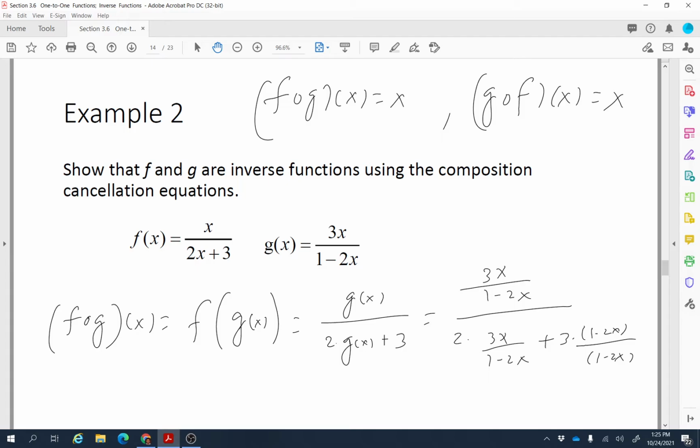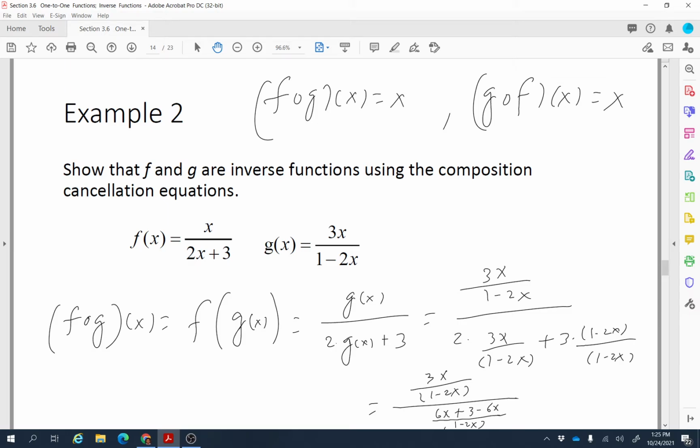I can do that. Now after this, as you can see, there is 3x over 1 minus 2x on the top, and because they have the same denominator 1 minus 2x, I'm going to write 1 minus 2x on the bottom. Now 3 times 2 is 6x, plus 3 times 1 is 3, minus 3 times 2 is 6x.